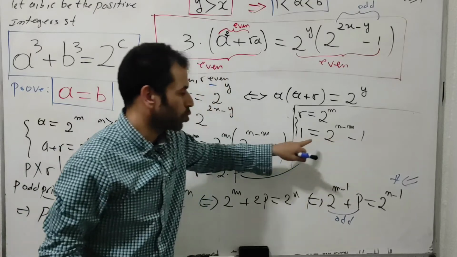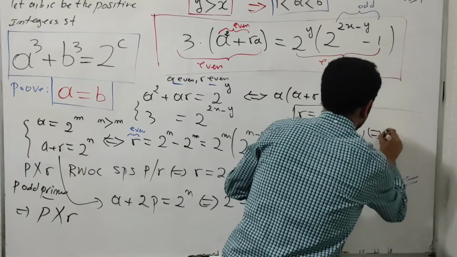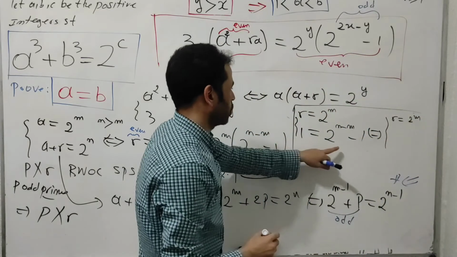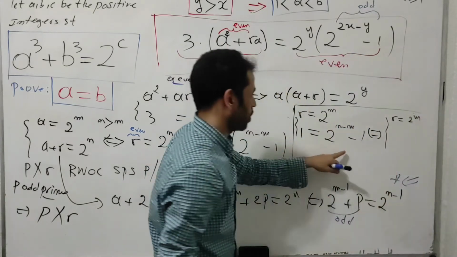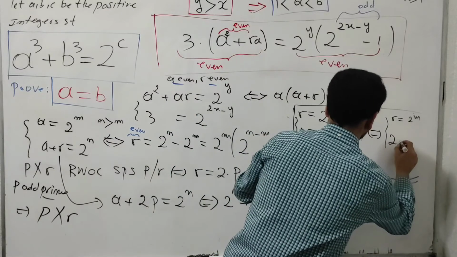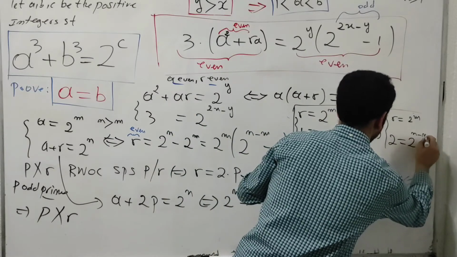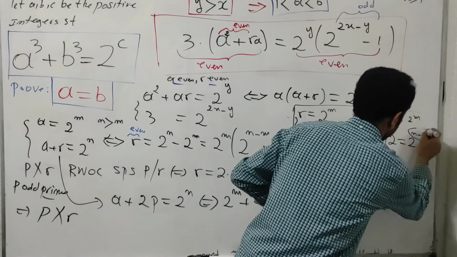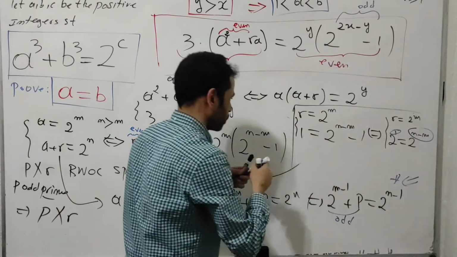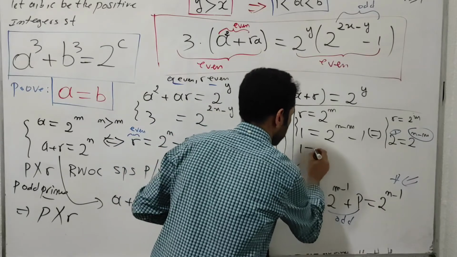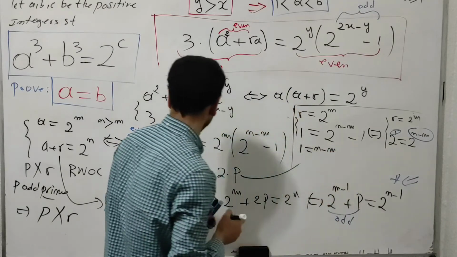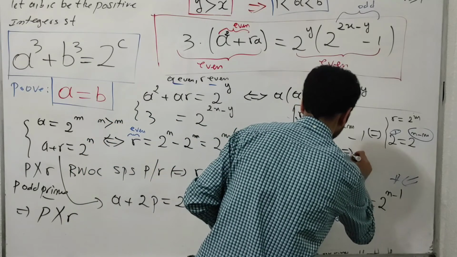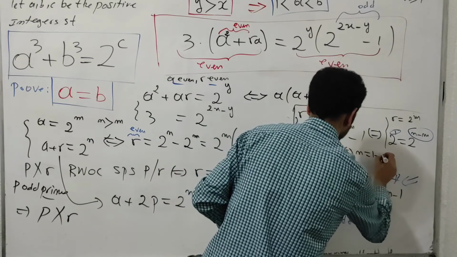Now by taking minus 1 to the left, I will get r equals 2 to the m as a first equation. This one is giving us 1 plus 1, which is 2, equals 2 to the n minus m. So the exponent of this one equals 1, that means 1 equals n minus m. In other words, n equals 1 plus m.